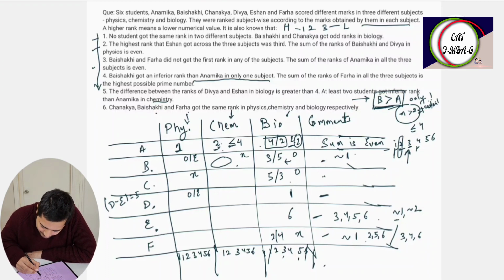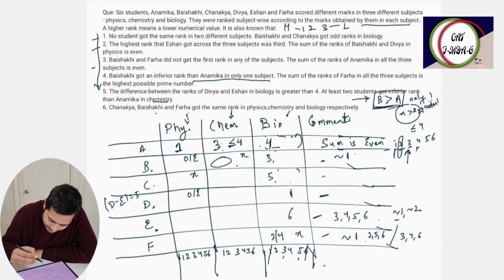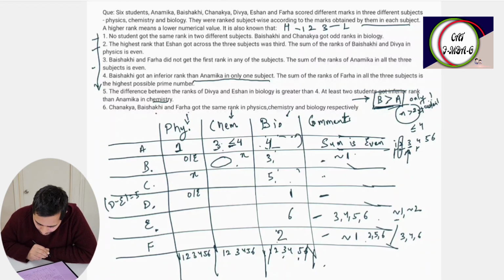So definitely it is 4. If it is 4, it cannot be 5, it will be 3. If it is 3, it is 5. You see, all the tables are getting fulfilled. Only one number is remaining here, it will be 2. If it is 2, then this will also be 2.